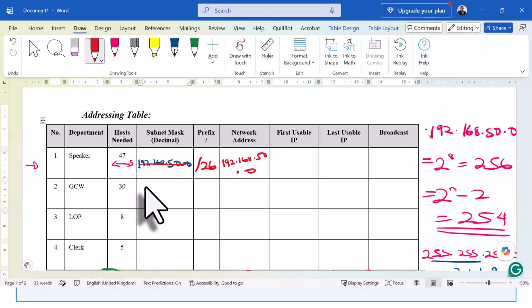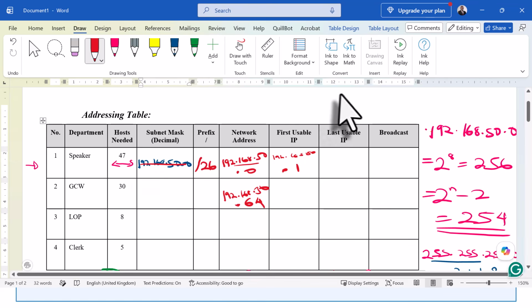The first usable IP address is 192.168.50.1. And then our next network address is 192.168.50.64. 64 is our next network address.